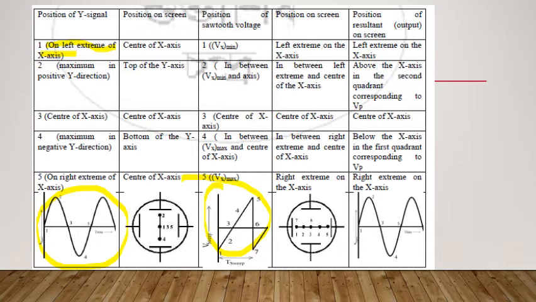So what will happen? If you are not applying anything, you will get only a single line, this single vertical line.